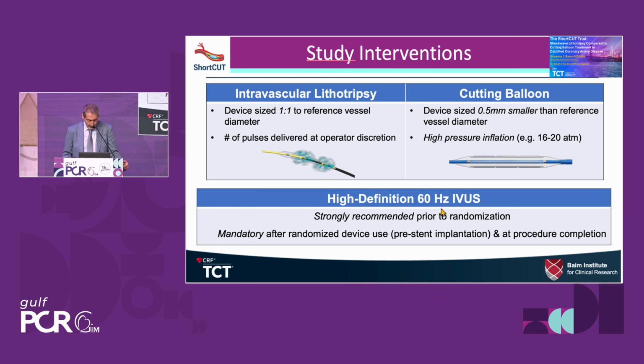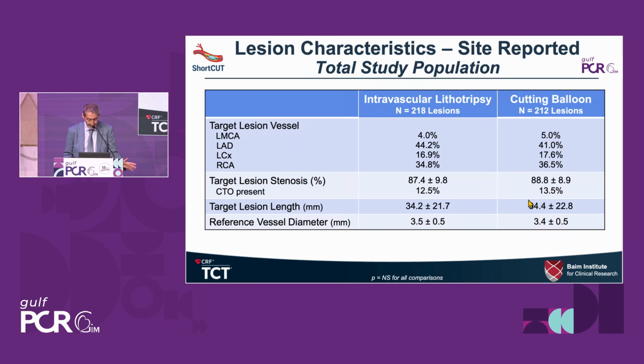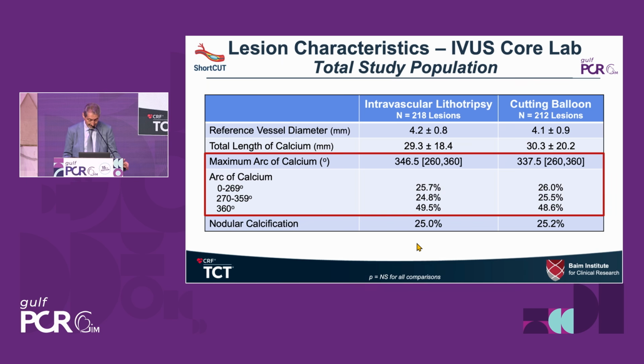Again, mandatory IVUS just after randomization for the assessment of the final area and not for selection of patients. Reference vessels, they were large vessels, and again, in terms of clinical outcome, you know that you may achieve in this vessel, even in presence of severe calcium, sufficient absolute lumen area to limit the number of events.